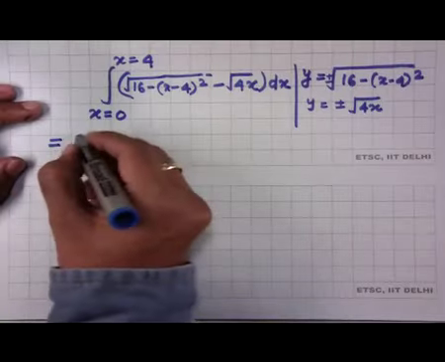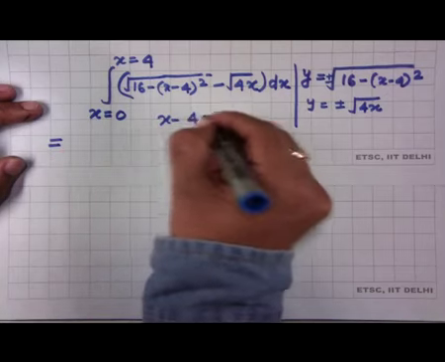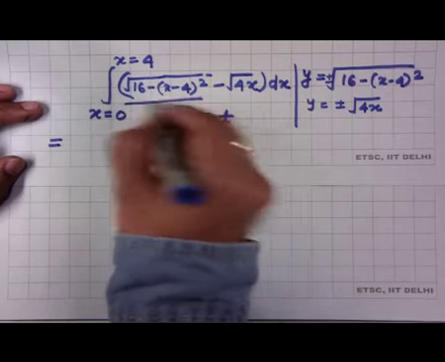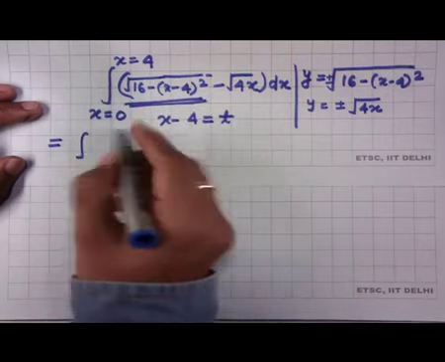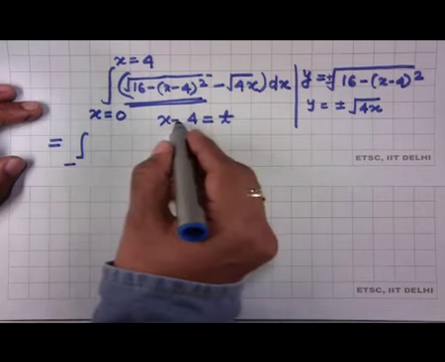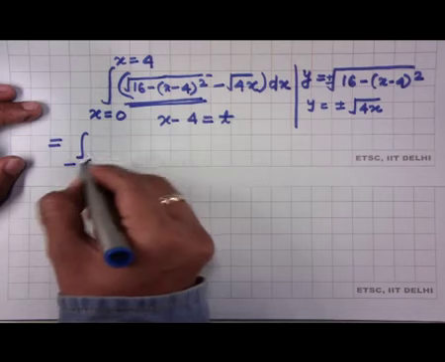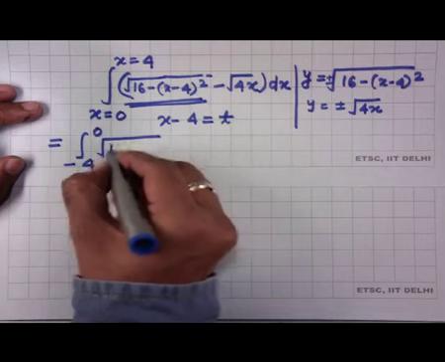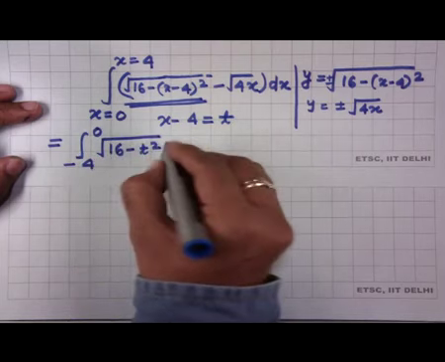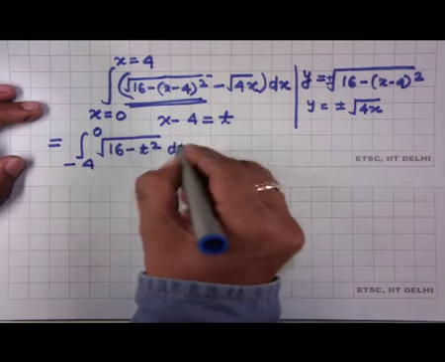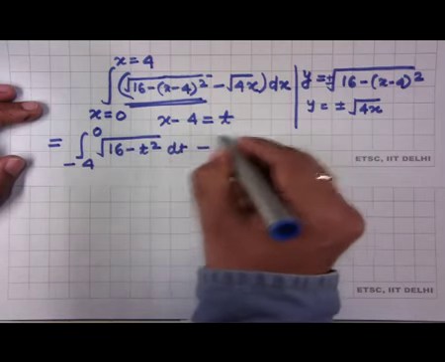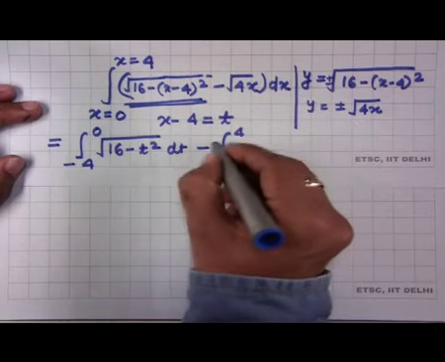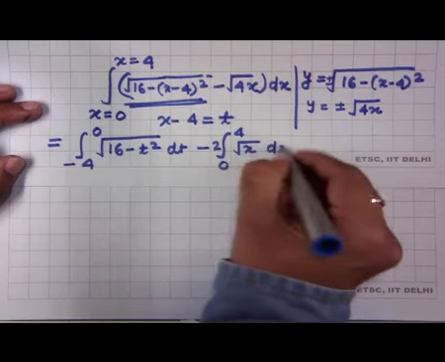So, substitute x minus 4 equals t in this part of the integral. At x equals 0, the t limit will be minus 4, and at x equals 4, the t limit will be 0, and you get here root of 16 minus t square dt, and this other integral we can write as it is.